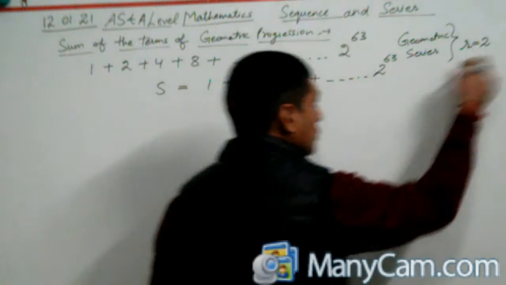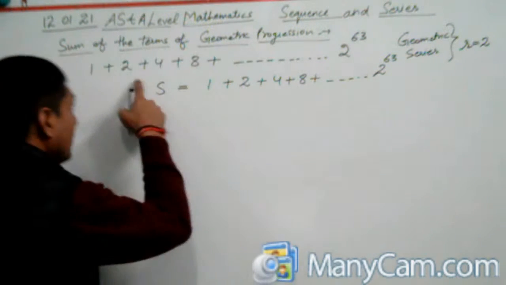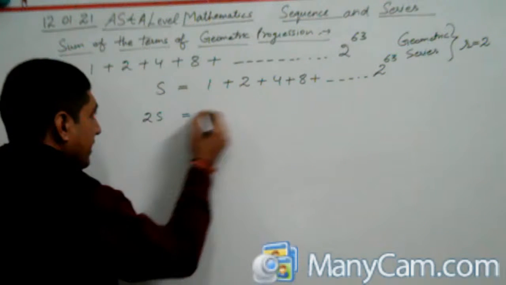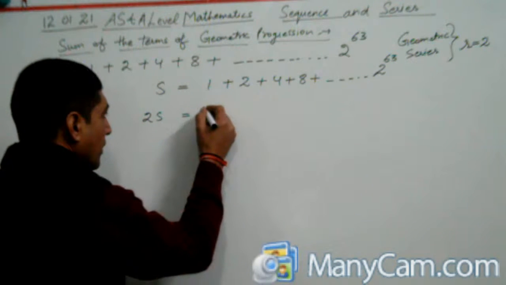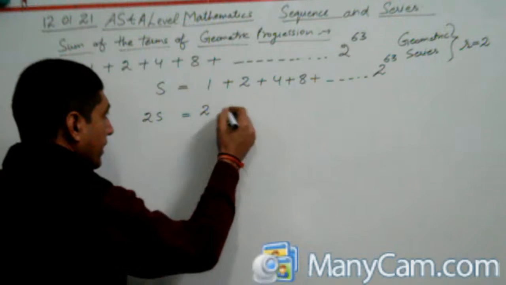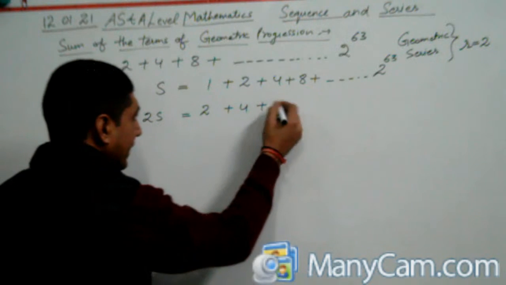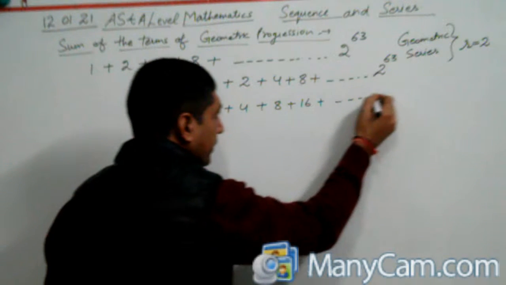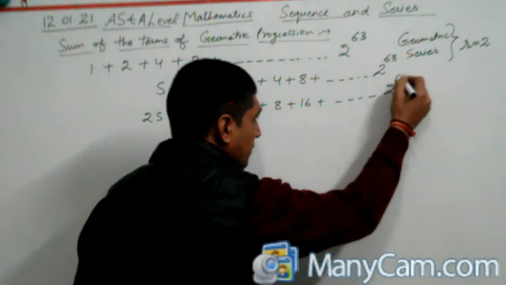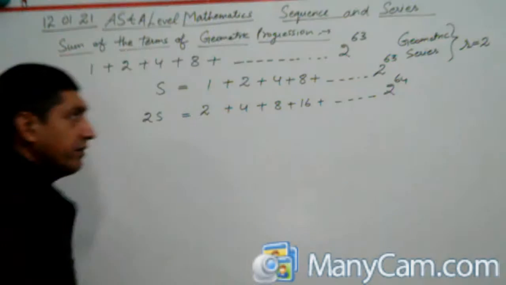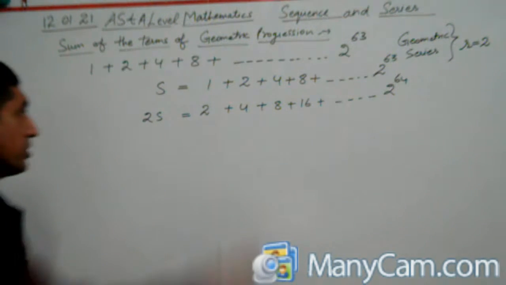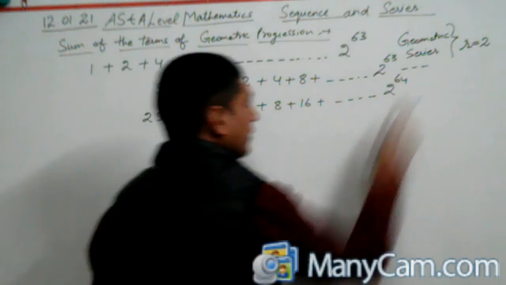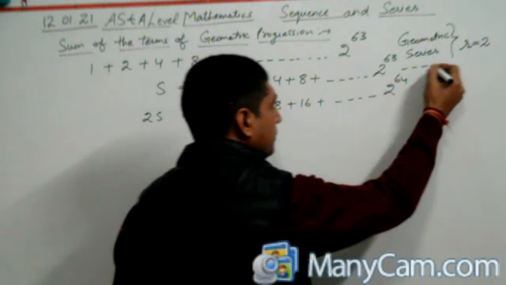Multiplying the whole equation by 2 we get 2S is equal to 2 plus 4 plus 8 plus 16 and so on up to 2 raised to power 64. This is equation number 1, and this is equation number 2.